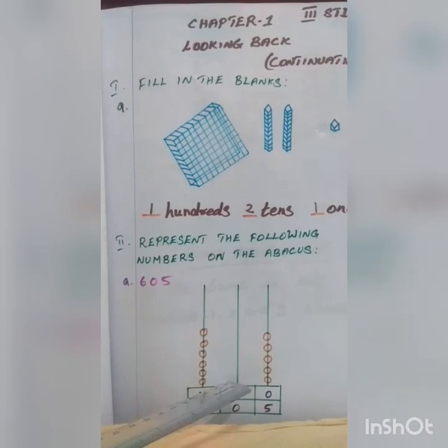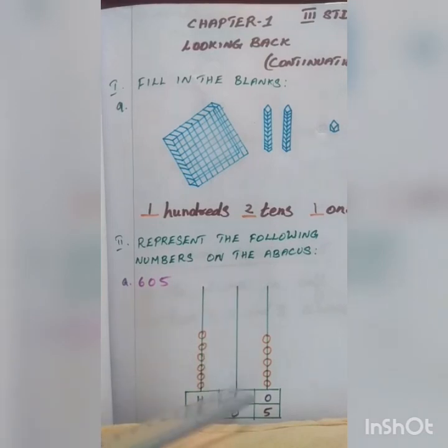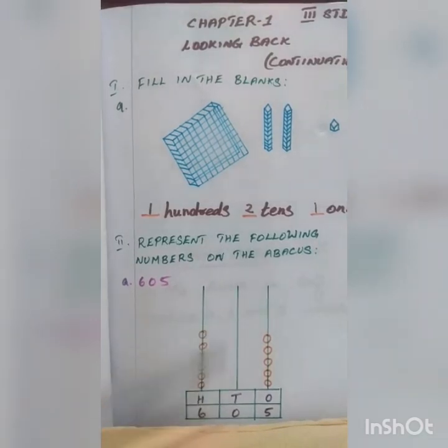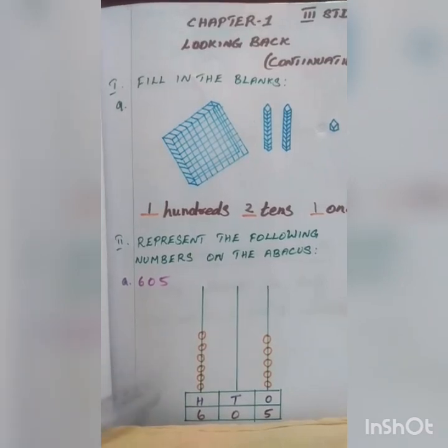So no need to draw balls. So you have to leave it simply. Next one, hundreds. What number is there? 6. So you have to draw 6 balls in the hundreds. This is the method of representing the number in the abacus.